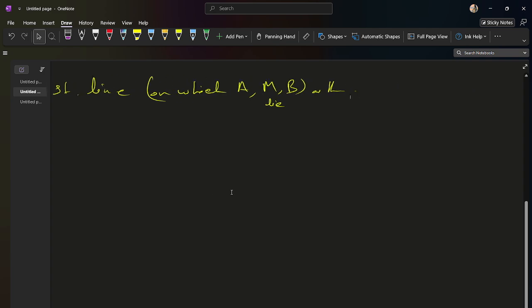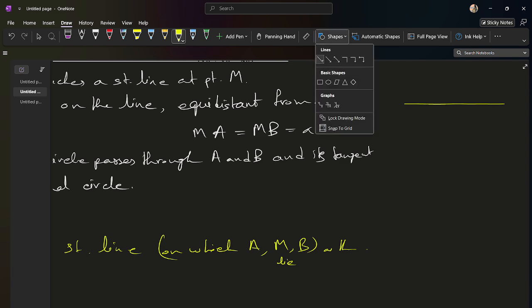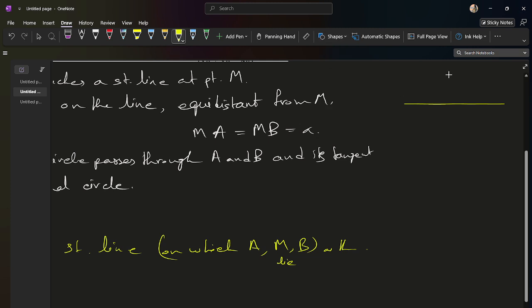So let me draw it. This is M, which is (0, 0), and now A, M, B lie on the x-axis.